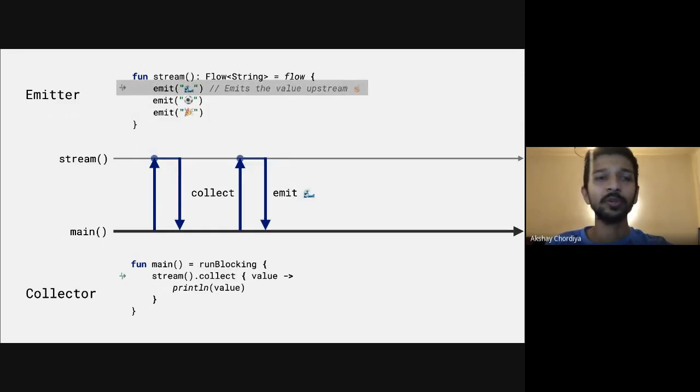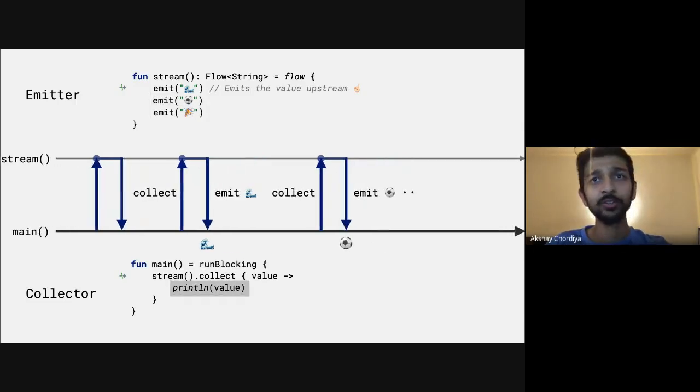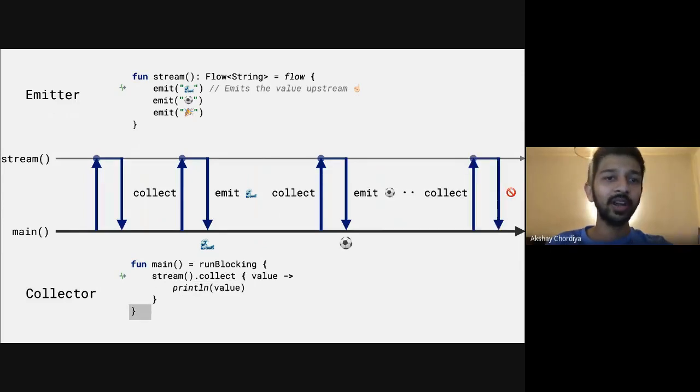As soon as we subscribe, the emitter starts emitting the values sequentially upstream, and the collector receives them and prints, in this case. The same loop happens, the next values are emitted and again printed. This goes on till the emitter has no values. That's when the execution moves out of collect and is complete.